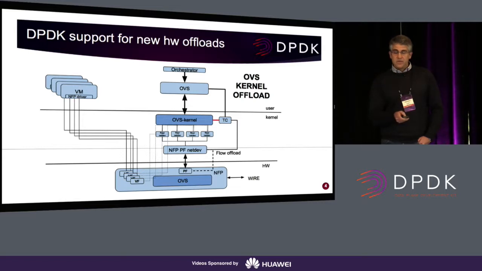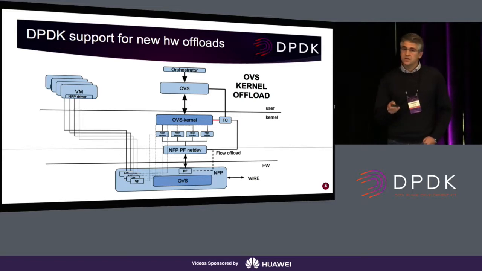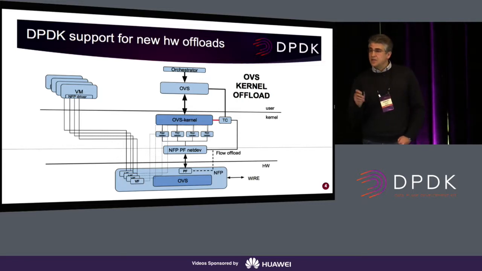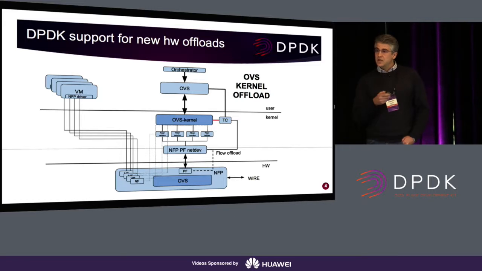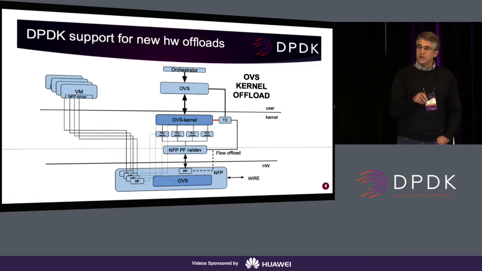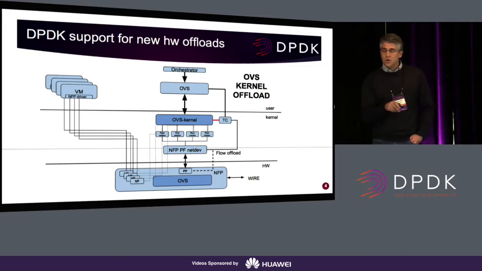Second thing is we have a new OVS component inside the NIC. And ideally, all the packets going from the VMs and to the VMs are not going to go through the kernel. The data path, the fast path, is always in the NIC, okay?